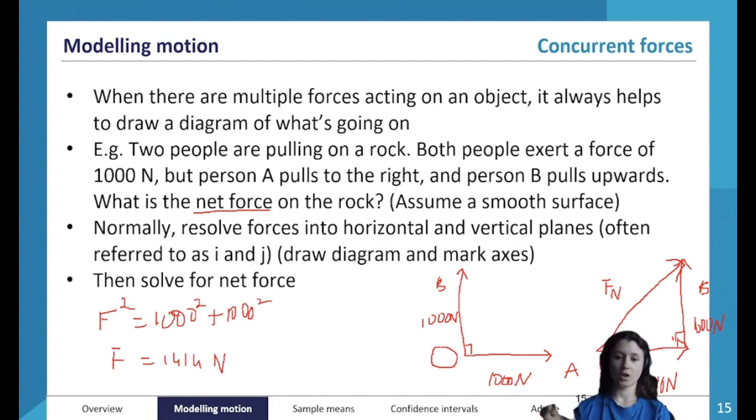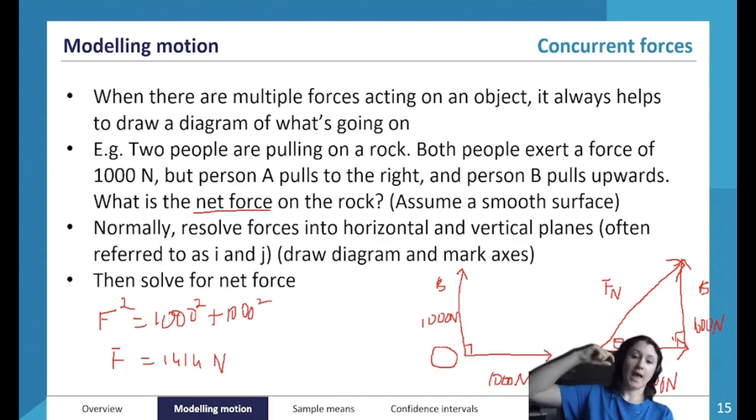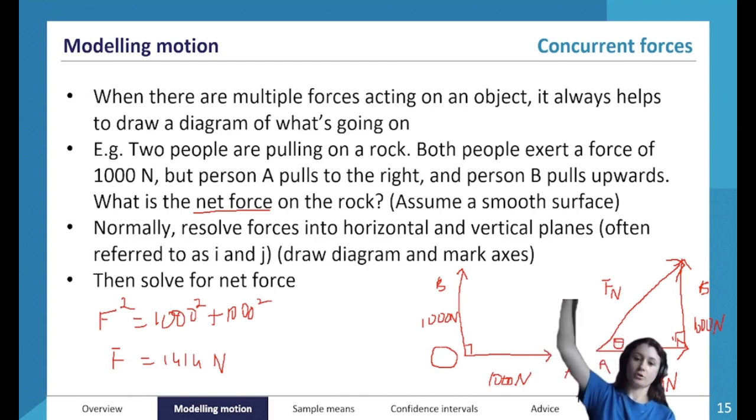Alright? So, if a lot more force was being used to pull upwards, instead of both our forces being equal, then you'd expect that the angle would be a lot greater because that would mean that the rock has more force acting upwards.